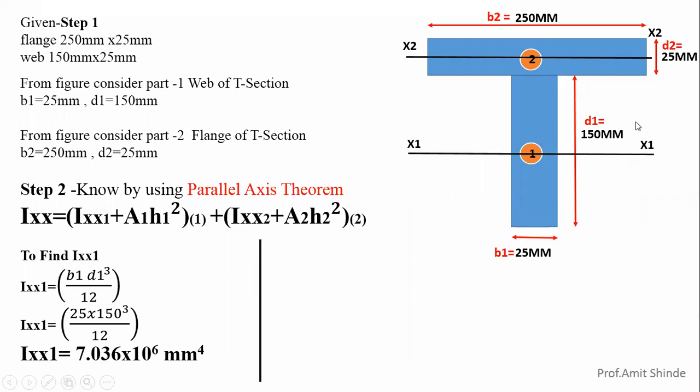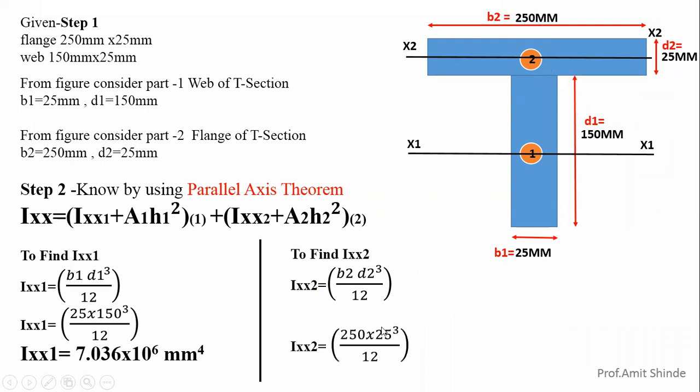Similarly we have to find out for rectangle number 2. To find Ixx2, the formula is the same, b2 d2 cube divided by 12. Here b2 is 250 and d2 is 25.